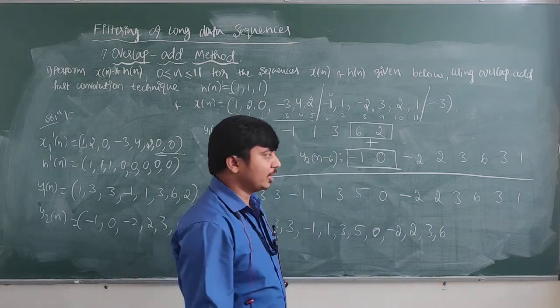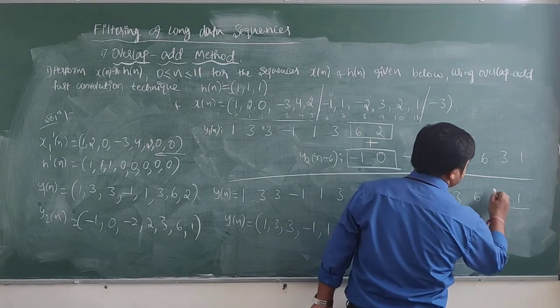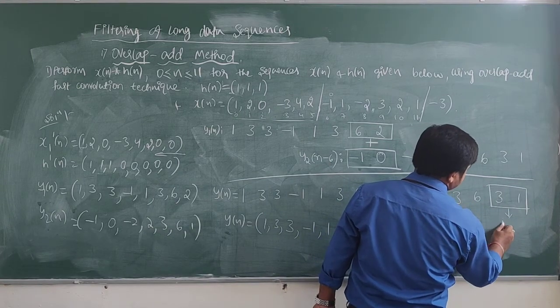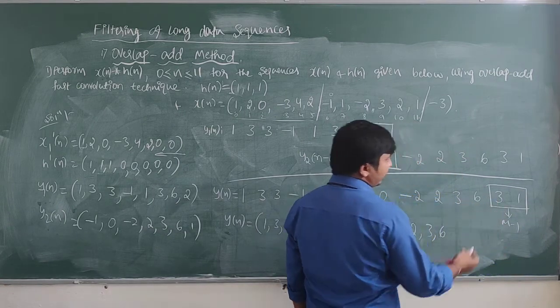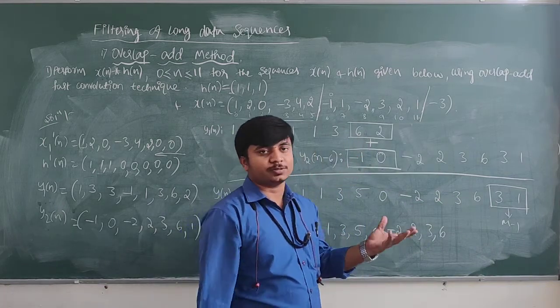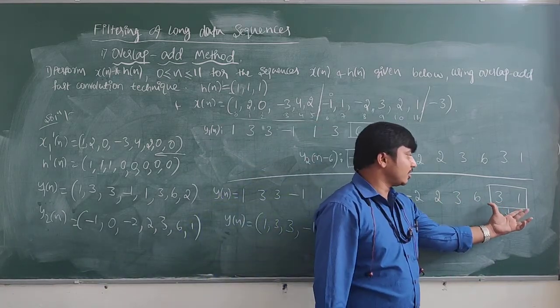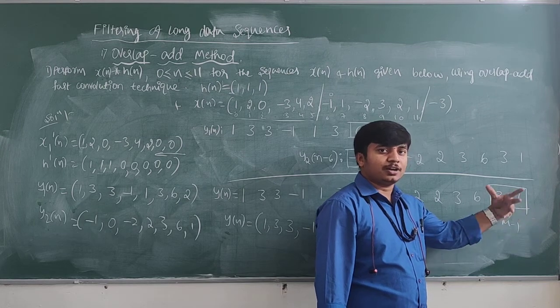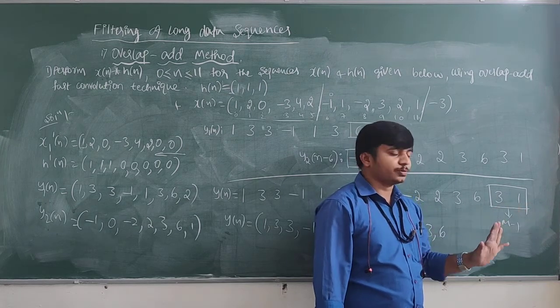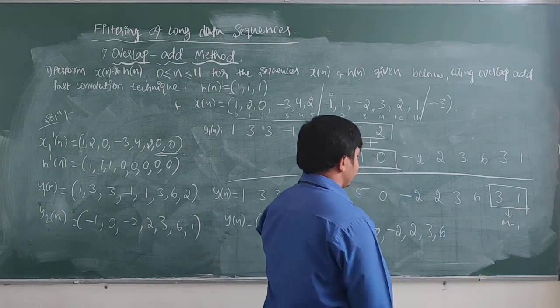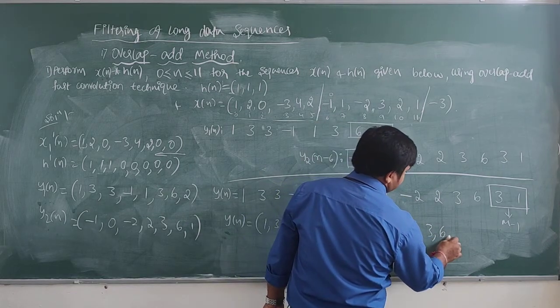Here you can retain the last M minus 1 entries. M minus 1 is 2. You can retain these last M minus 1 entries, or you can discard them.